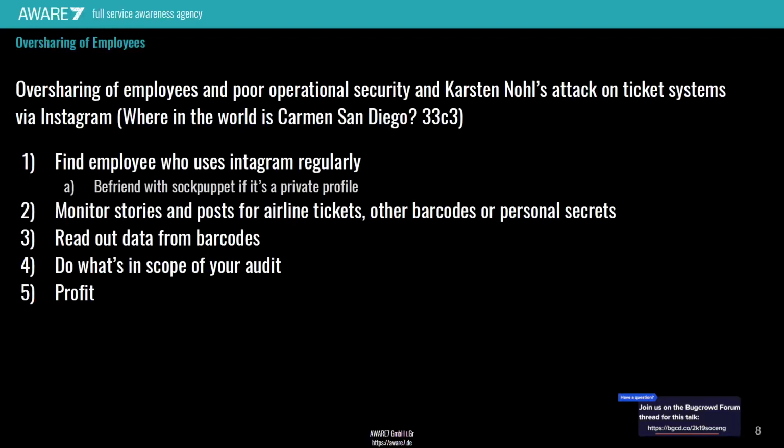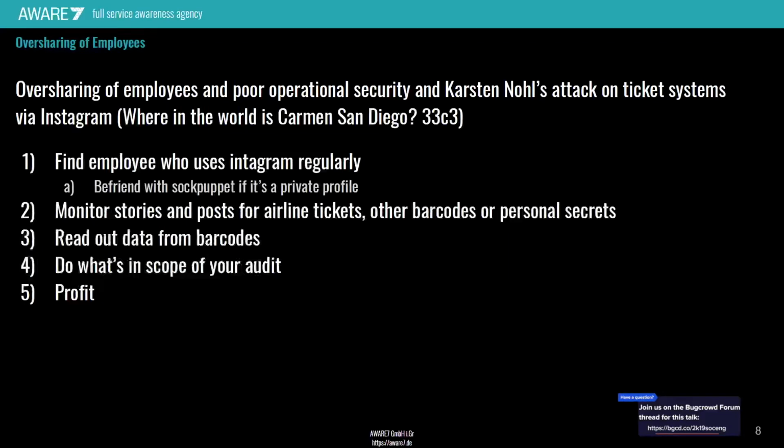Basically he scraped Instagram for airline tickets, and after he scraped that, he stole miles from customers, and then got free flights, or potentially got free flights. And we use that as a methodology if we find someone in a company who is really active on Instagram, to maybe find information like this. So we find an employee who uses Instagram regularly.